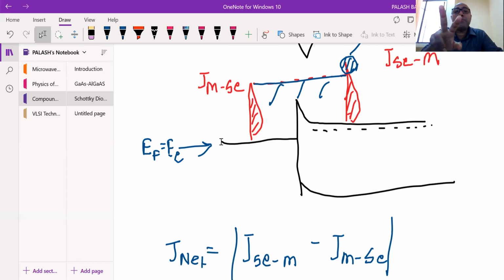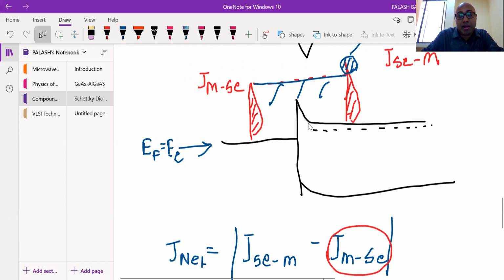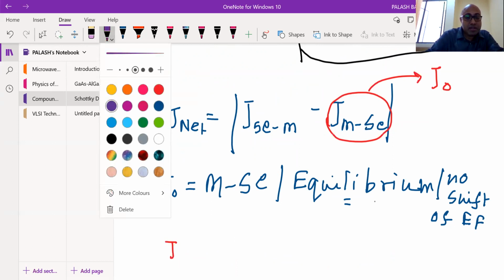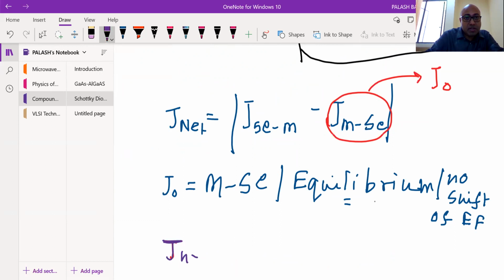Again, when you apply forward bias voltage, there is no change of Fermi level across your metal side. So the metal to semiconductor current is the same current we considered in the equilibrium condition, and we can represent it as J0. So let us represent J net as the semiconductor to metal current minus J0.